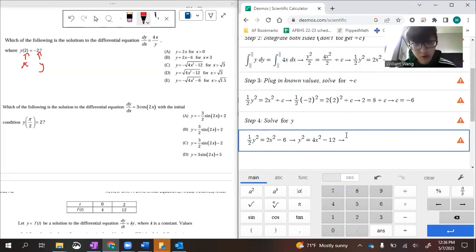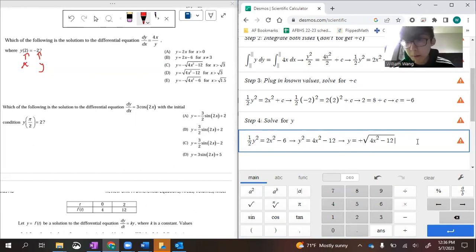Then I do the square root of both sides, so y is equal to the square root. I square root the y squared to get y by itself. That means I take the square root of 4x squared minus 12. And keep in mind, this one's sort of tricky because remember, when I square root like this, it should be plus or minus. It could be plus or minus the square root of 4x squared minus 12.